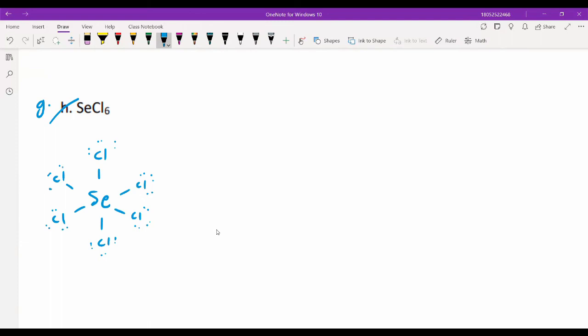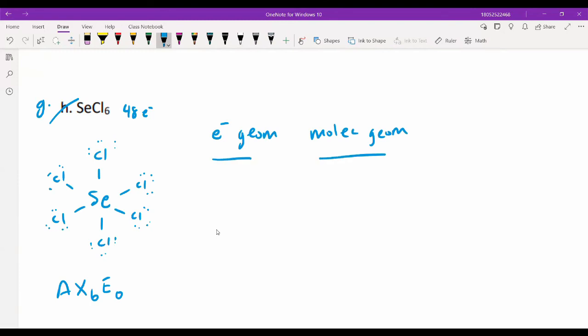We have 6 plus 42, 48. This is 48 electrons, and 48 are shown. So we have 6 atoms bonded to selenium, no lone pairs on selenium. The electron geometry and the molecular geometry will be the same, which will be octahedral.